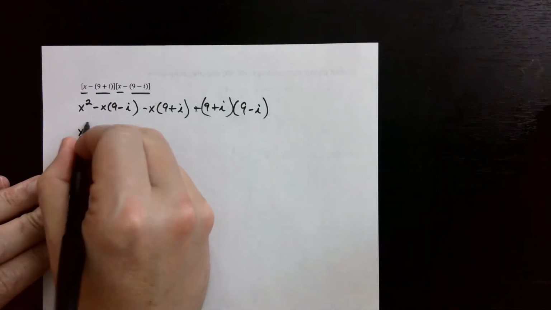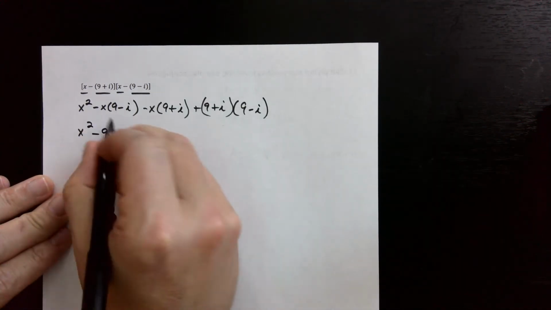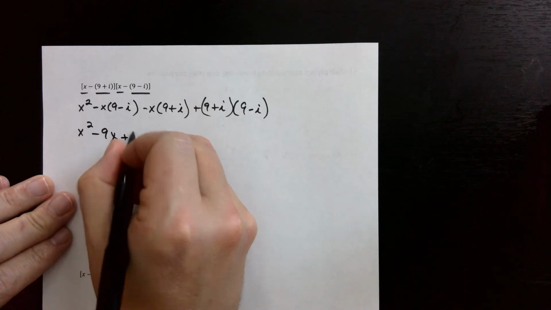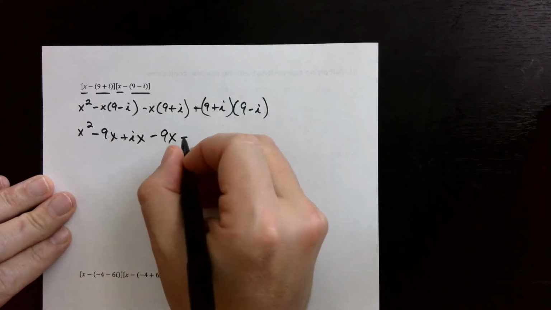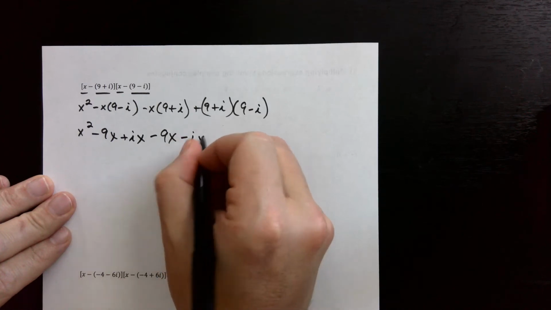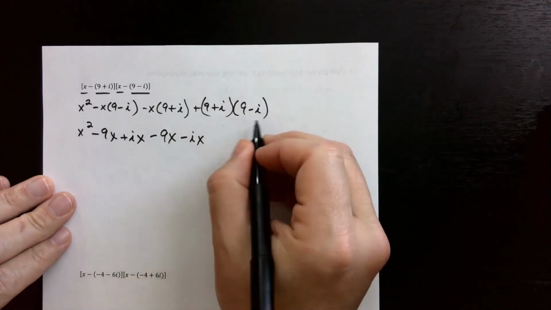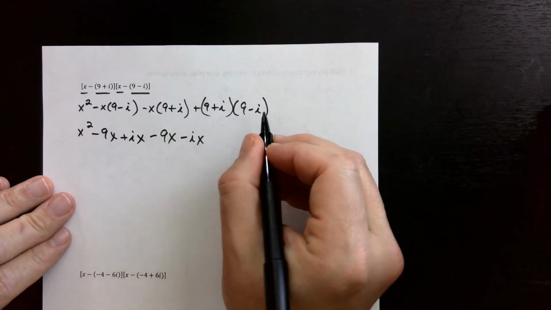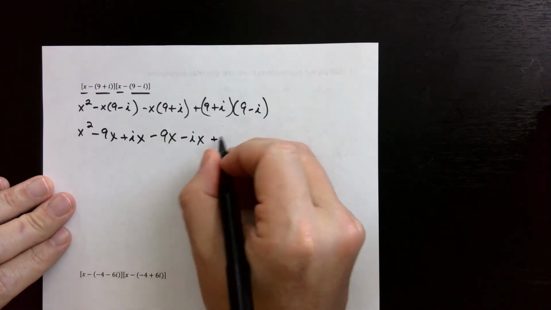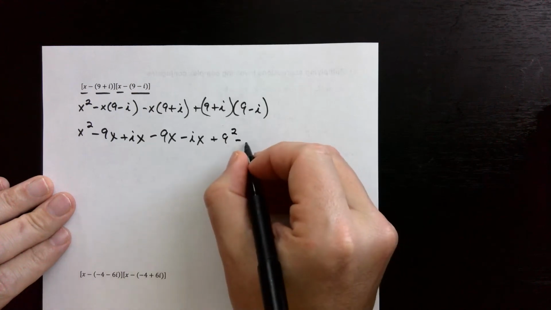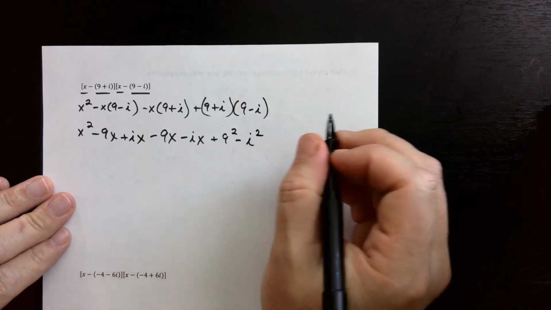Okay, x squared minus 9x plus ix minus 9x minus ix, and then this is a difference of squares, a plus b, a minus b. So it's going to be the first term squared minus the second term squared. So plus 9 squared minus i squared.